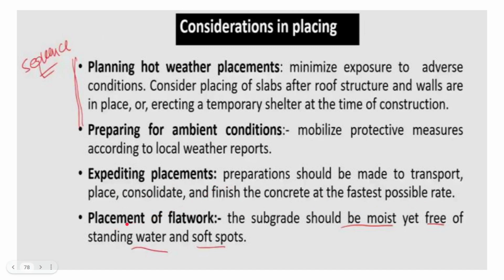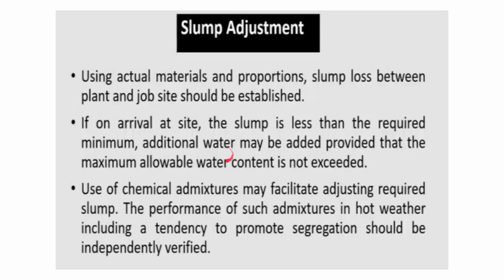Apart from that, in case of flat work placement, the subgrade should be moist yet free of standing water and soft spots. That will not degrade the strength, and it will not take up water or increase the water demand. So these conditions can be ways to optimize our placement conditions, and to counter the ill effects of hot temperature.